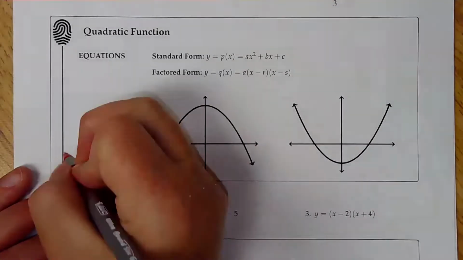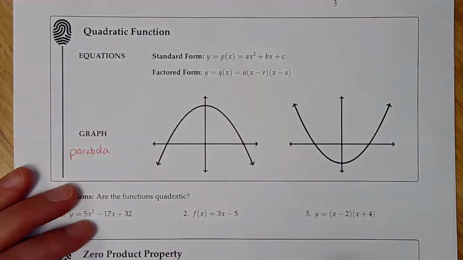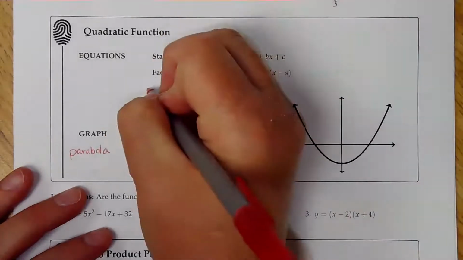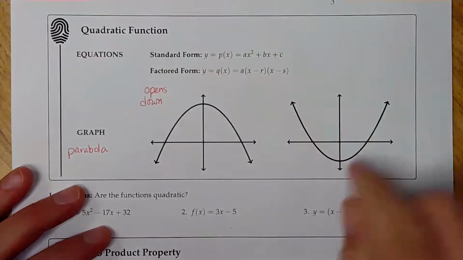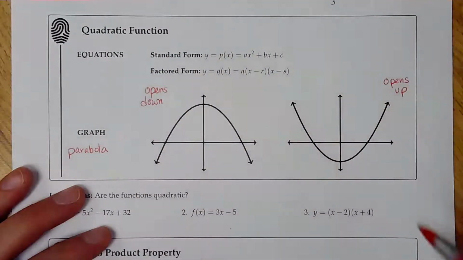And then our graph here, as I said earlier, this is a parabola, is what we call this shape. And a couple of features on this parabola. So this particular one opens down, while this one opens up. So your parabola opens either up or down if you're doing y as a function of x. It can open sideways if we look at x as a function of y.